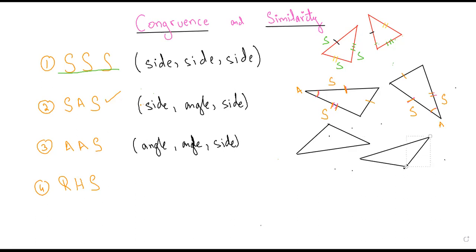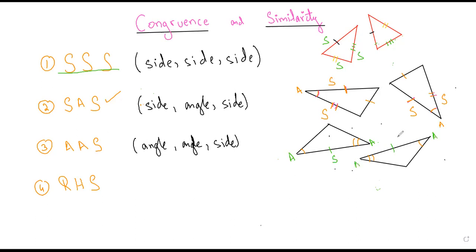All right, and you have been told that this side is the same as this one, this angle is the same as this one, and these two sides are the same. So what is this? Angle, angle, side. Again, we have angle, angle, and side.